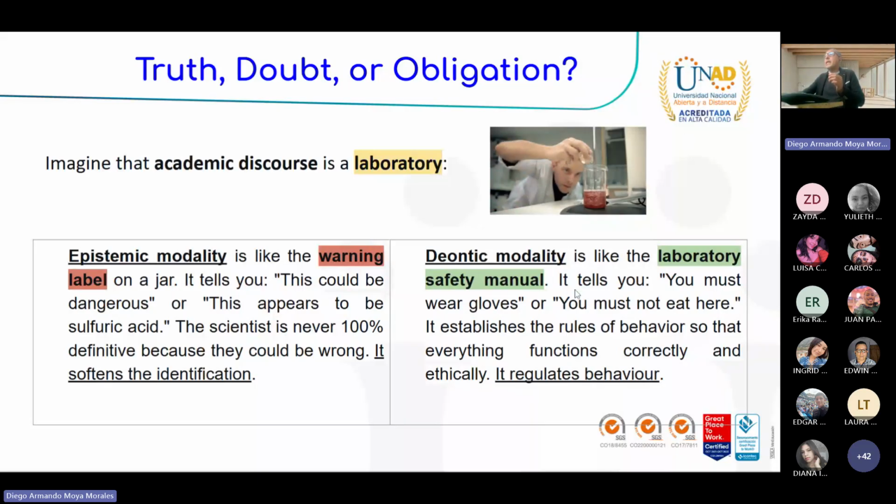It tells you that you must wear gloves because it's a very dangerous element, so you can be burned, for example. Or it tells you that you must not eat or drink that element, because that is going to be really painful, for example. And it establishes the rules of behavior. So it regulates the behavior.